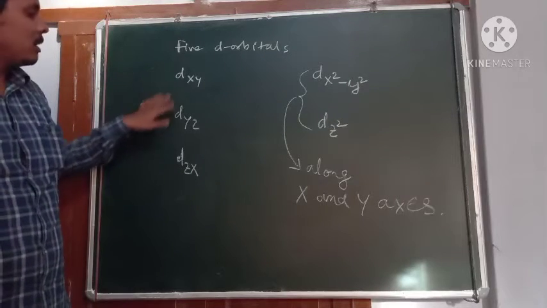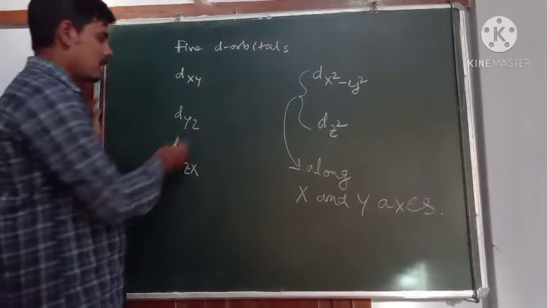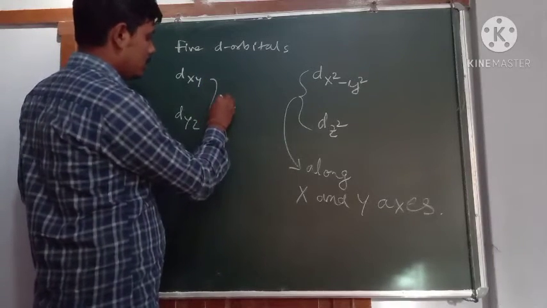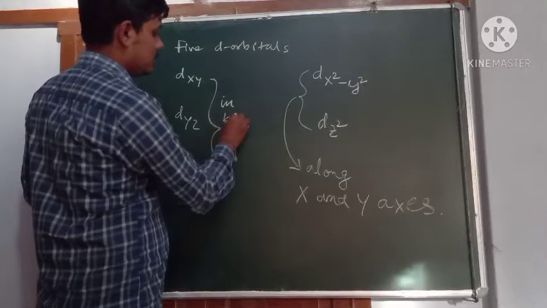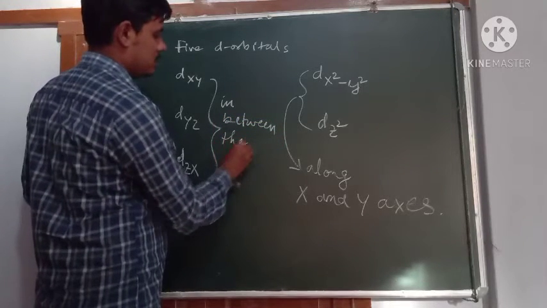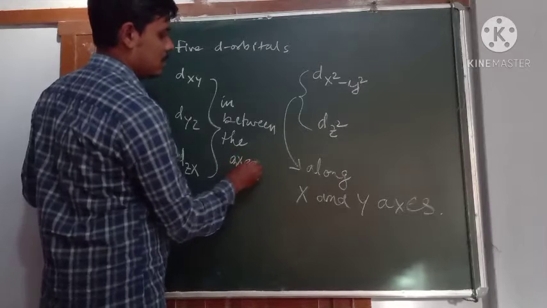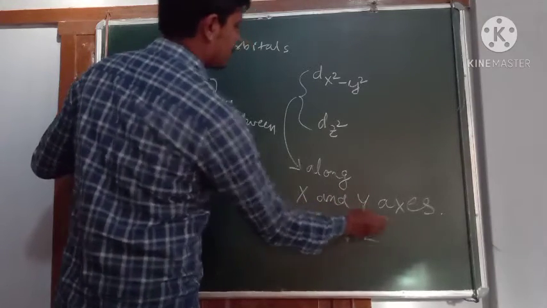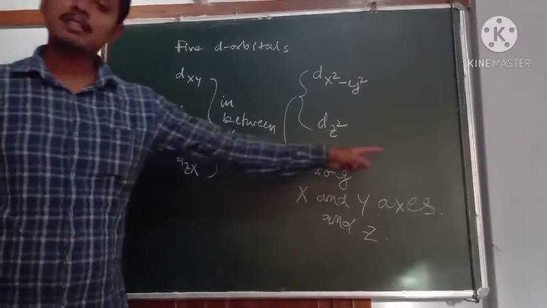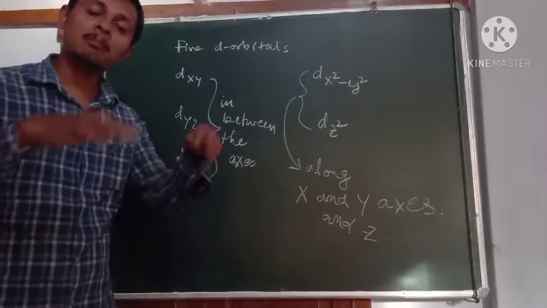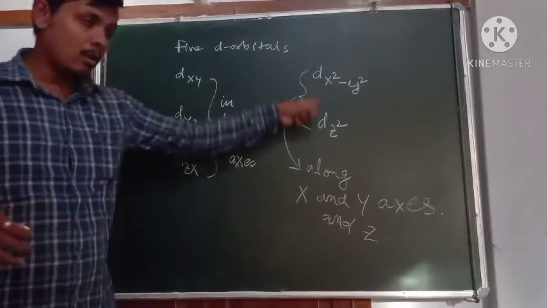But dxy dyz and dzx these are in between the axis, x and y and z axis. So এইটা along the axis থাকিব আৰু এইটা axis গিটাৰ মাজত থাকিব. That means x axis y axis z axis ৰ মাজত থাকিব এইটা along the axis থাকিব.